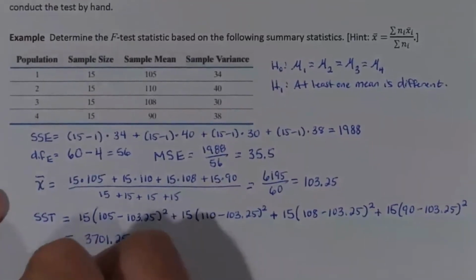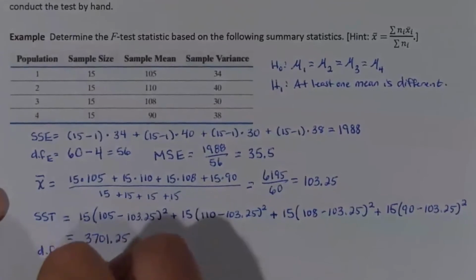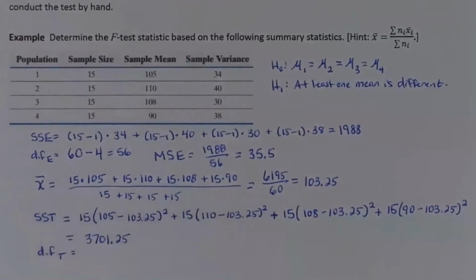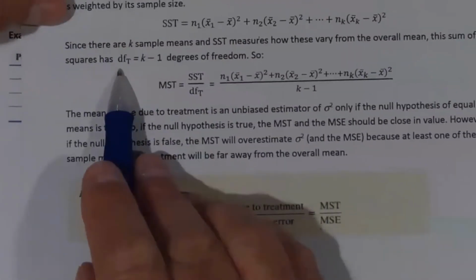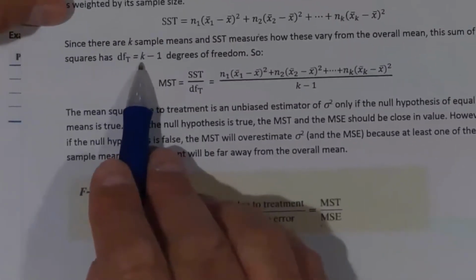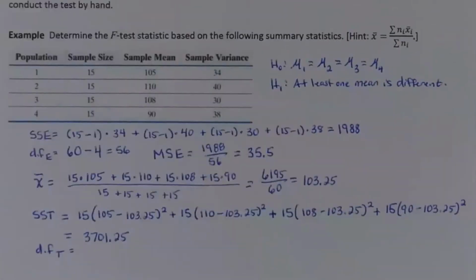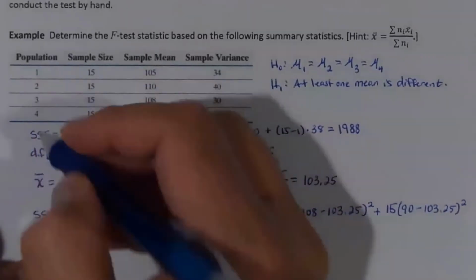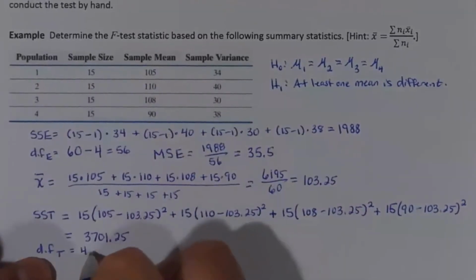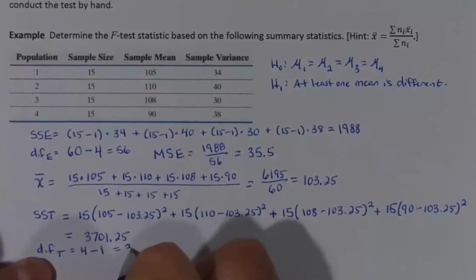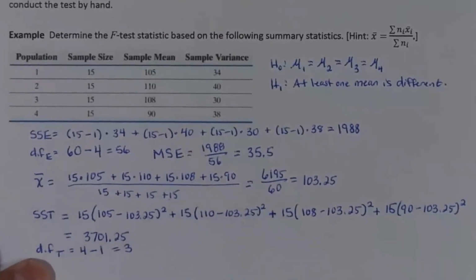Now, I need to find the degrees of freedom due to treatment. And again, just to remind you, that is equal to the number of categories minus 1. In this particular case, we have 4 categories, 4 populations. 4 minus 1 is 3. So we have 3 degrees of freedom due to treatment.